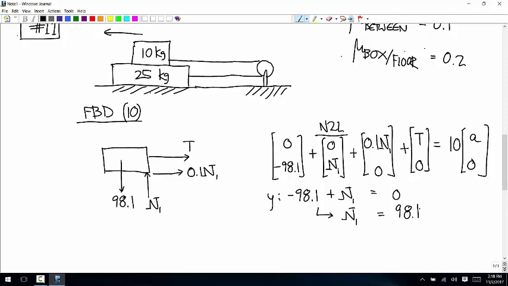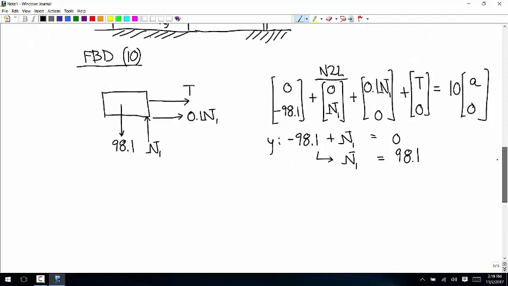By the way, if you ever get a negative answer for a normal force, something went wrong, because they always have to be pushing contact, so they always have to be positive if you draw them pointing toward the chosen body. And then the x equation says 0.1 times N1, which is 98.1, plus T is equal to 10a.